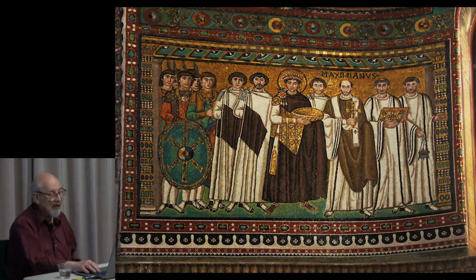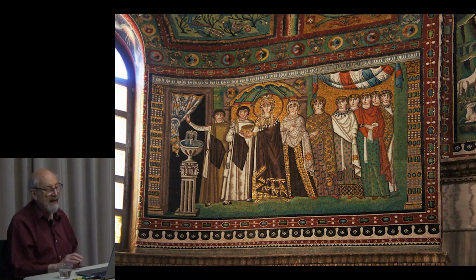So let's look at a close-up view of that. Look at him surrounded by holy men, and on the left, soldiers to protect him. And then on the right, the Empress Theodora.